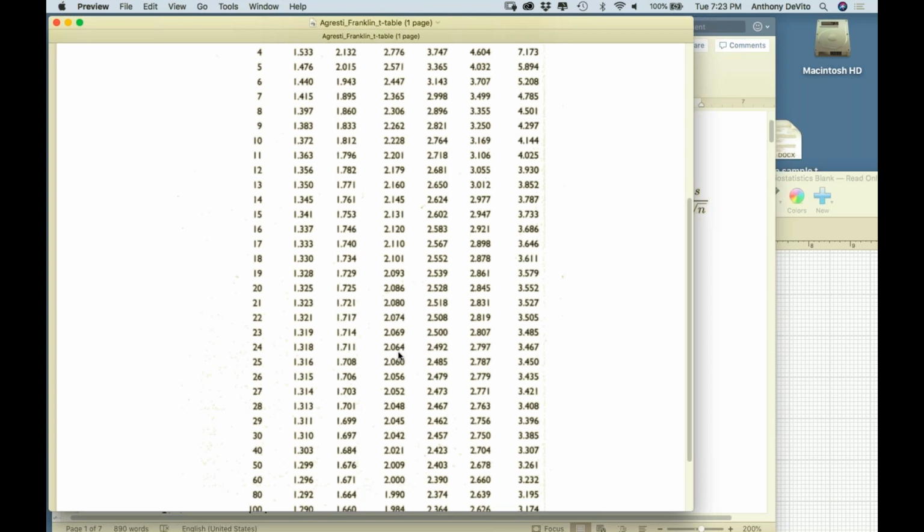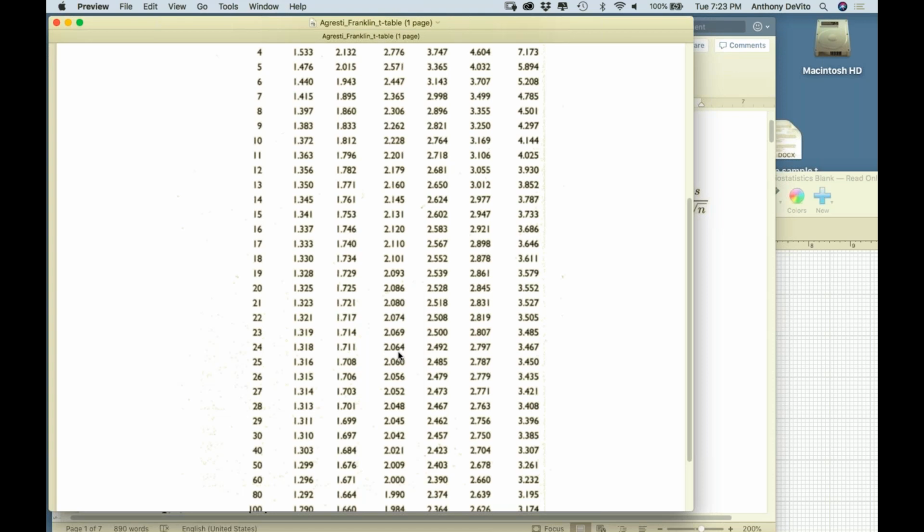So if we're outside of that, there's less than a 5% chance that we would go to Italy and sample 25 lattes and get a value that's further away from the mean. The means are further apart than that.